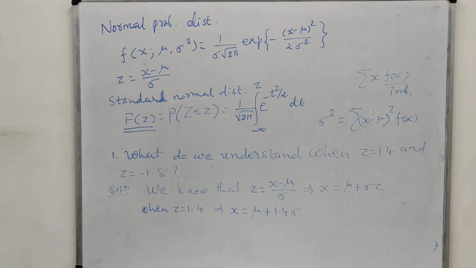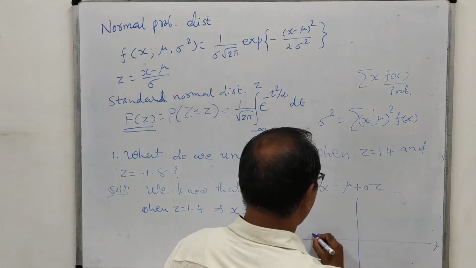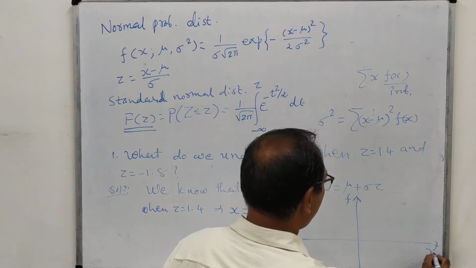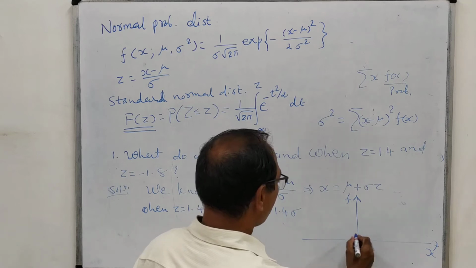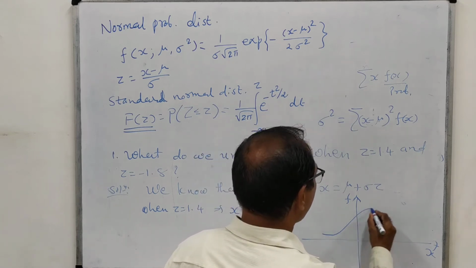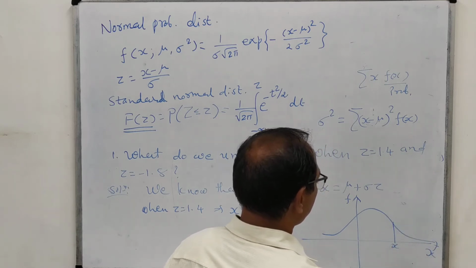That means in our graph, I have already explained to you the graph based on x. These are the values of f, and this is the x-axis. I have shown you the general graph in terms of x. We have seen that this is the symmetrical graph, and this is the value of x, suppose.